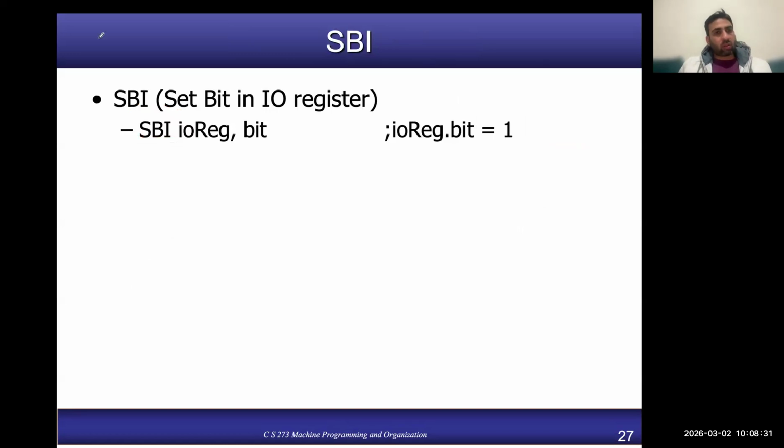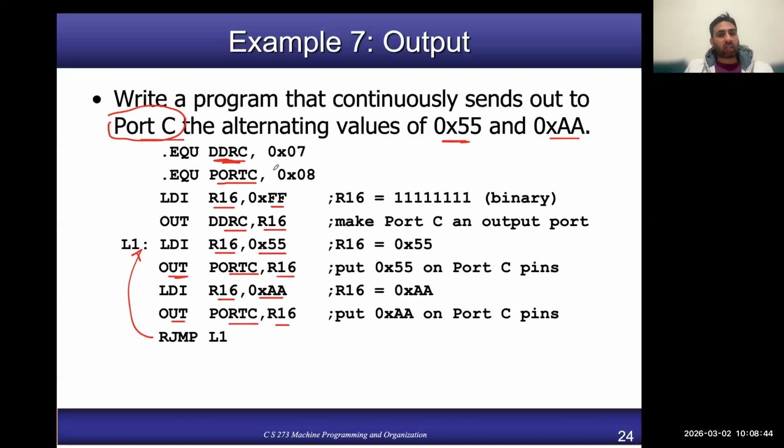Okay, so we have some five minutes and we don't have a quiz, so let me take care of these instructions. In the previous examples, for example, we were writing to the DDRC register the value of R16, which is 0xFF.